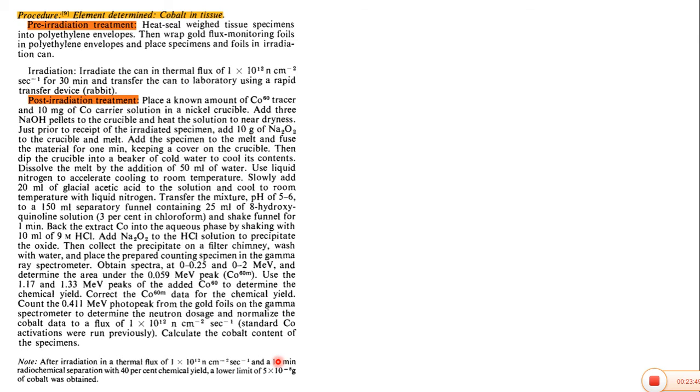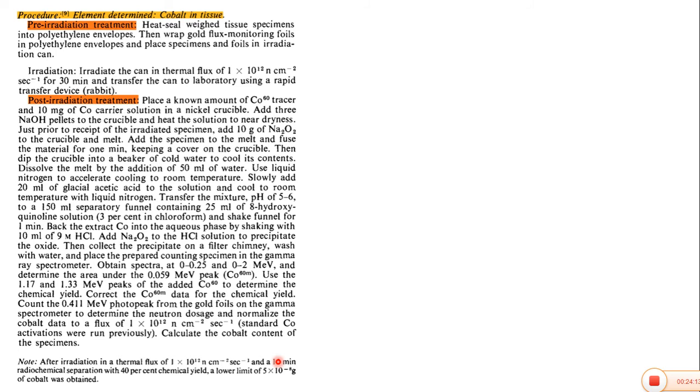And irradiation requires how much time you have to bombard it with neutrons, and what type of flux you should use for this irradiation and activation process. So irradiate the sample in a thermal flux of 1 x 10^12 neutrons per centimeter square per second for 30 minutes, and transfer the can to the laboratory using a rapid transfer device.